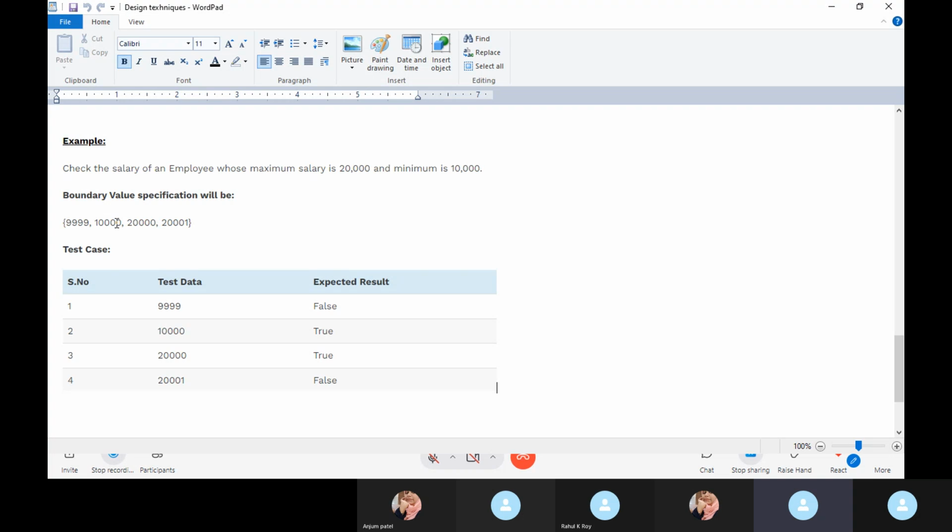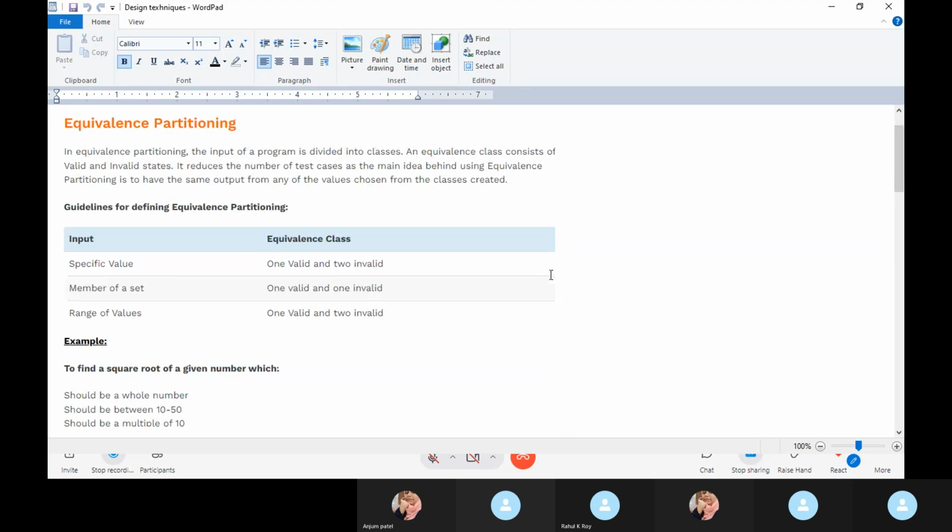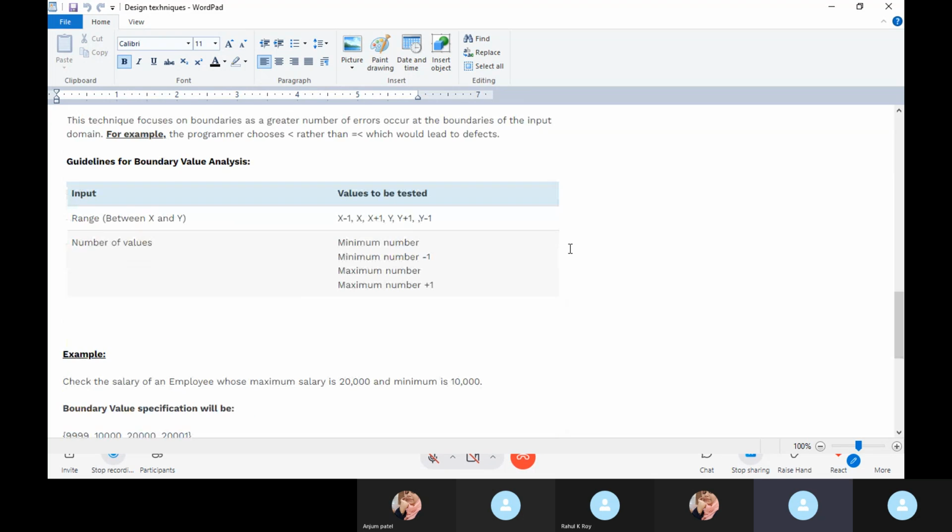Once you start thinking about the negative scenario, then automatically you will start understanding that part. Here we are dealing with a range. Whenever there is a range, go with the boundary value analysis technique, along with equivalence partitioning. These two techniques you can follow.